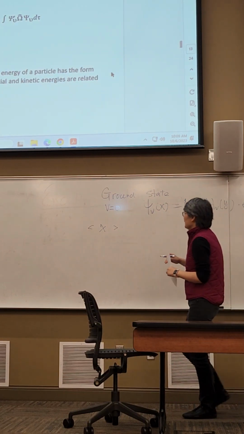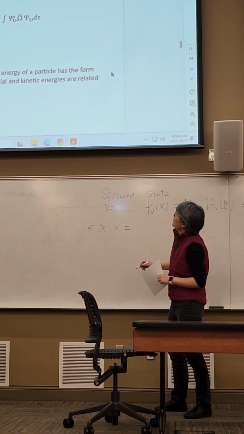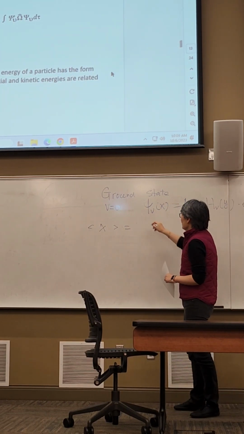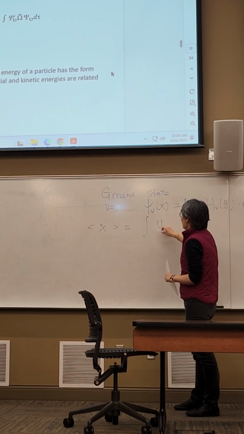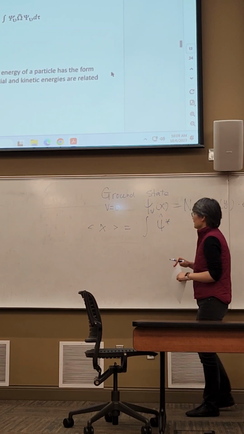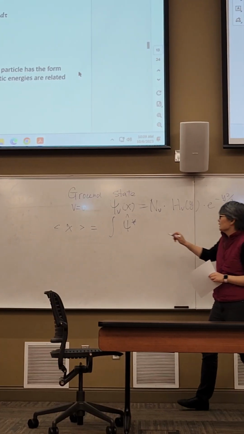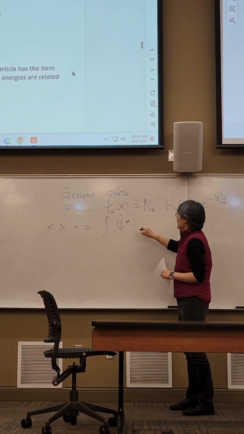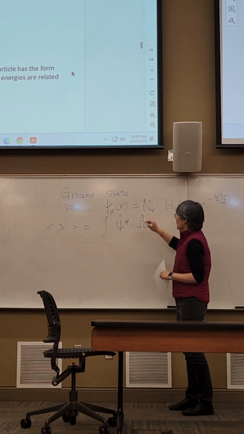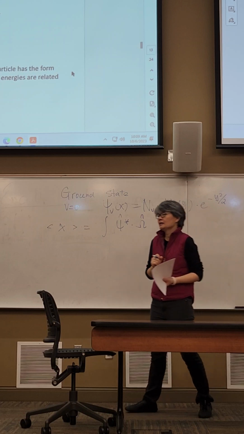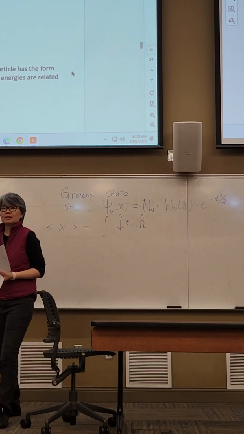Now how we're going to calculate the expectation value is already given here. You have an integral of the product of the whole thing: the complex conjugate of your wave function times the operator. In our case, our operator is the position operator.